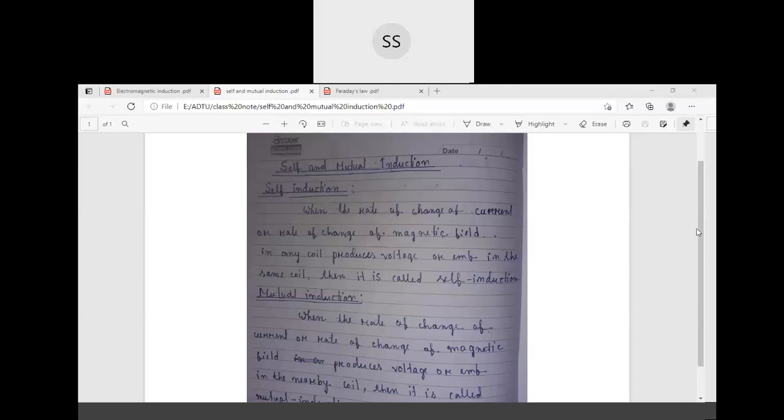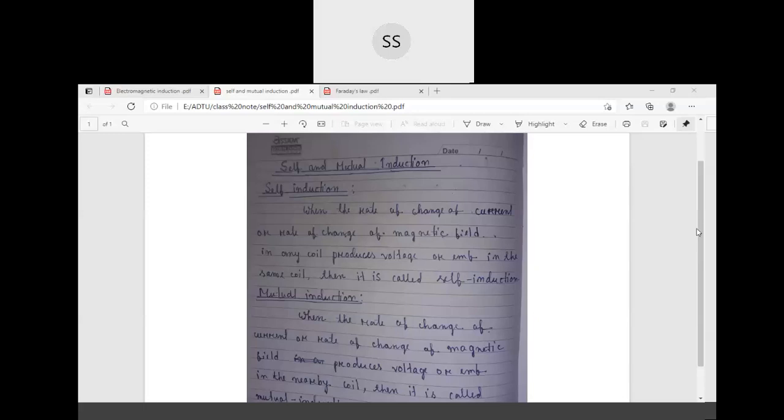And in case of mutual induction, we are putting a change in magnetic field or change in electric current in a coil, and the EMF is produced in a nearby coil.